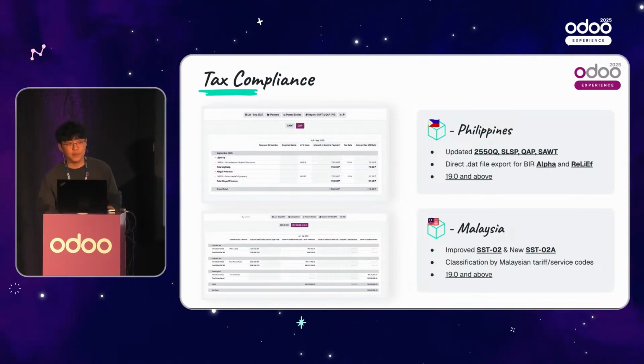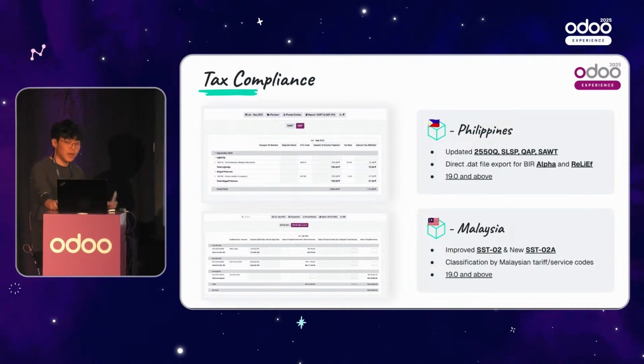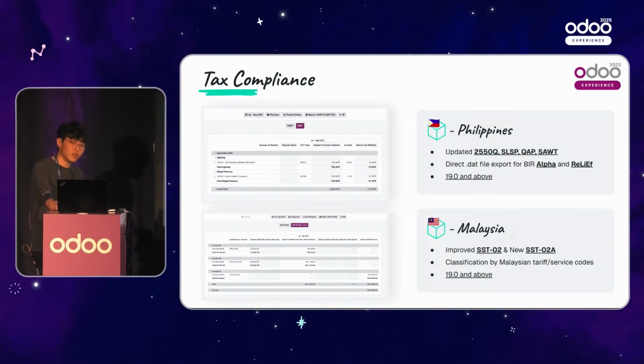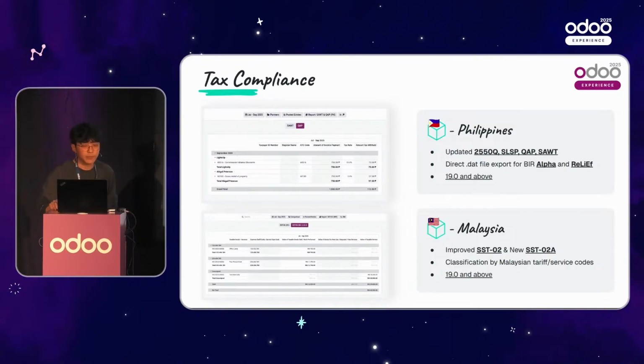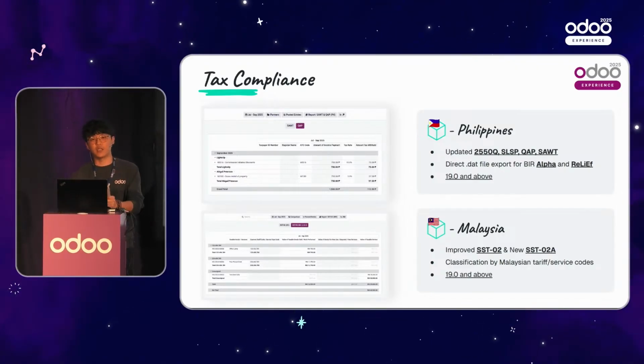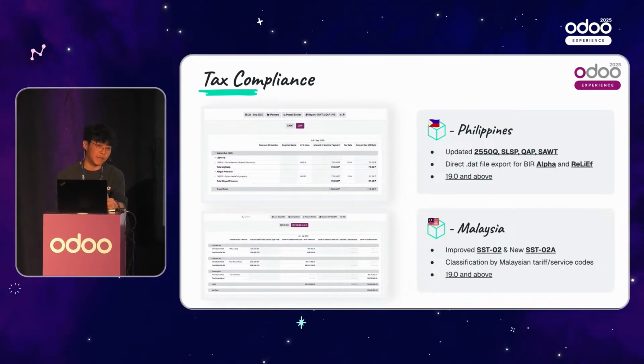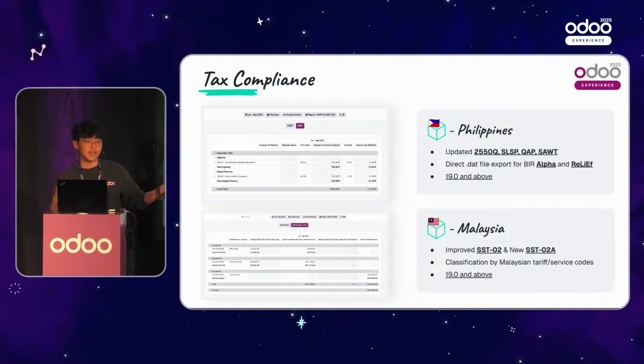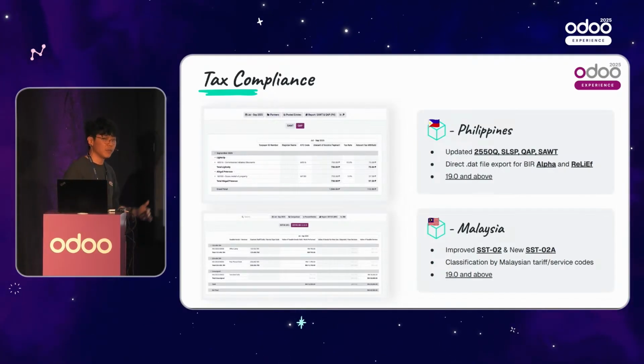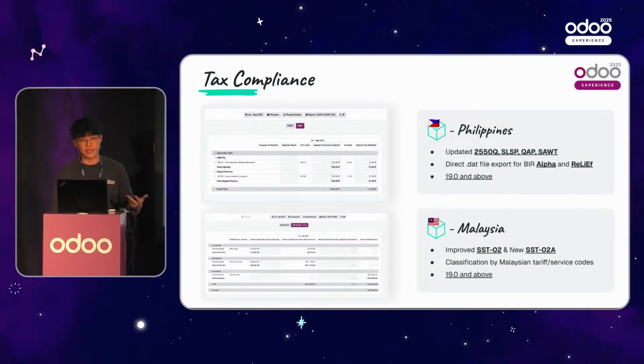And for Malaysia, we already had a tax report. But then we realized that we could do so much better, because in terms of actual filing, nowadays you don't just file using paper or PDF. You have the MySST portal where you fill in the numbers to file for your SST.